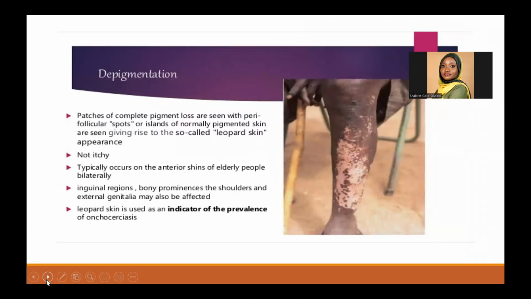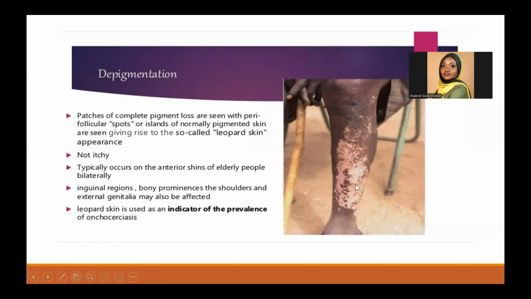This is the leopard skin that I spoke about. So patchy skin. Sometimes you see white patches right in front of the legs that look like the patient maybe suffered a burn injury or some kind of injury. But in many cases, if there's a risk of living in a black fly endemic or onchocerca endemic area, you have to think of onchocerciasis.